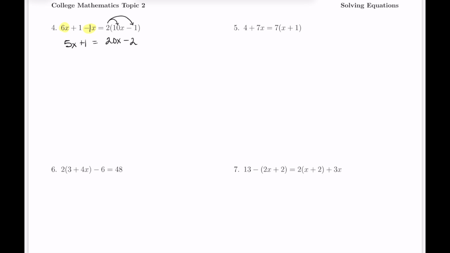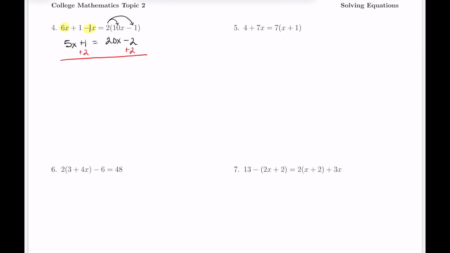Notice there are no other like terms to combine on each side of the equal sign. But what I will do next is to begin to say, well, I think I'll add a 2 to both sides. I don't know why. If I have the choice to add, I'm probably going to do that most of the time. So we'll go ahead and add that over.